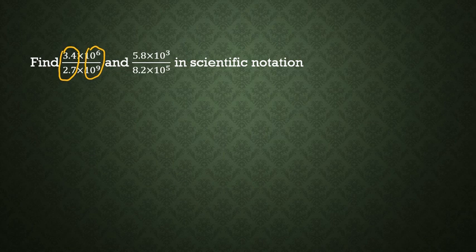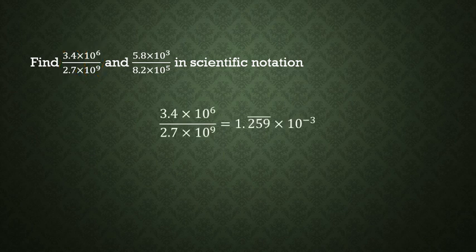When I do 10 to the 6th divided by 10 to the 9th, I'm going to be subtracting those exponents. 3.4 divided by 2.7 is 1.259, and that 259 pattern does indeed repeat. And then 10 to the 6th divided by 10 to the 9th is 10 raised to the power 6 minus 9, or negative 3.